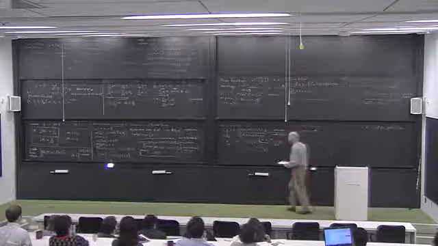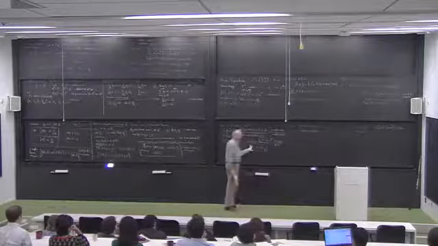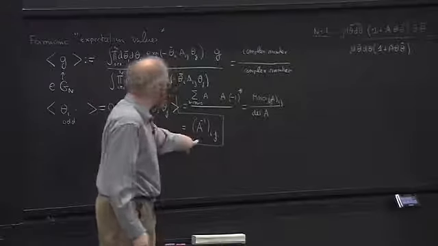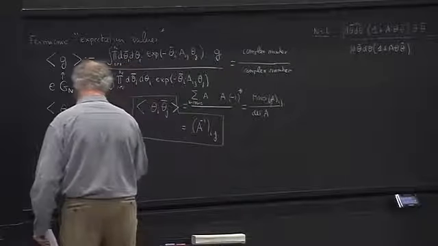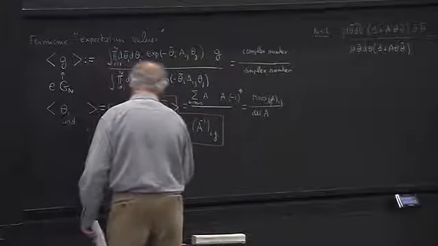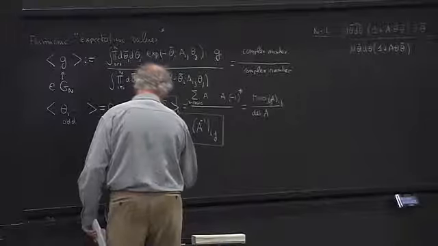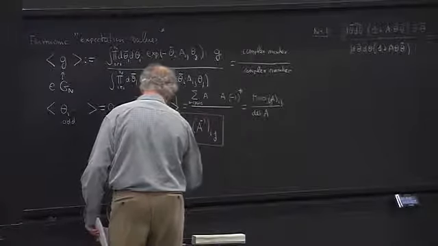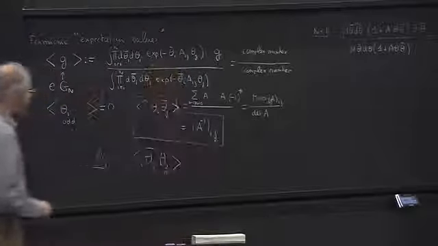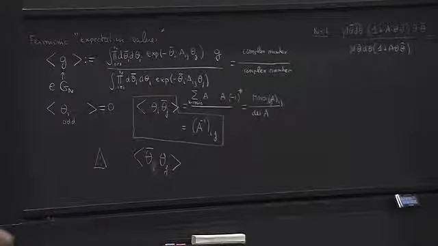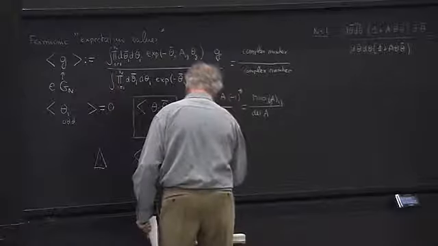So, the basic rule that you need to know is this. So you have the same result as for Gaussian integration, but beware, if I take the expectation value of the products of the theta bar with the theta g, of course, since they anti-commute, what I will get is minus.